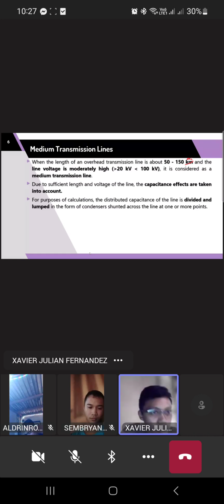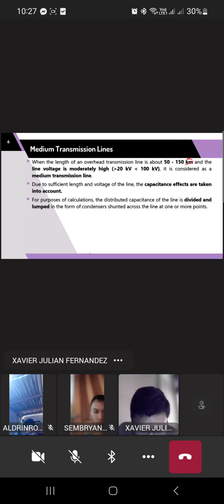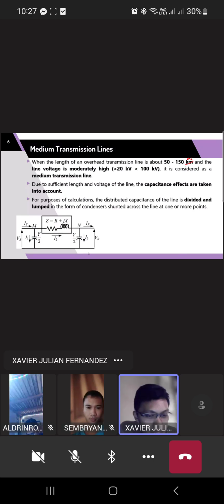So there are actually 3 forms for a medium transmission line, okay? The first one is what we call the nominal pi transmission line. So why nominal pi? Look at the structure of the pi.